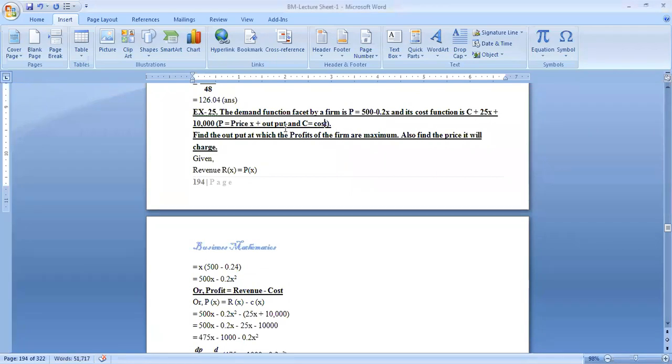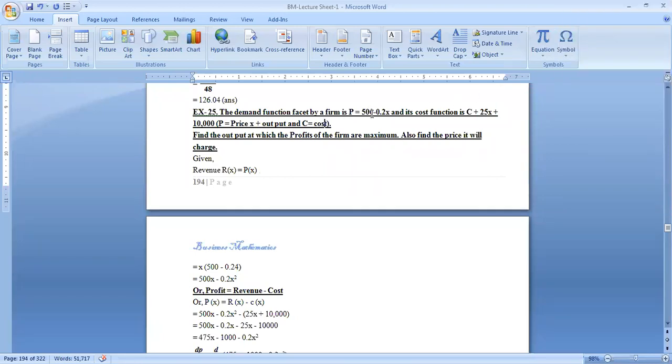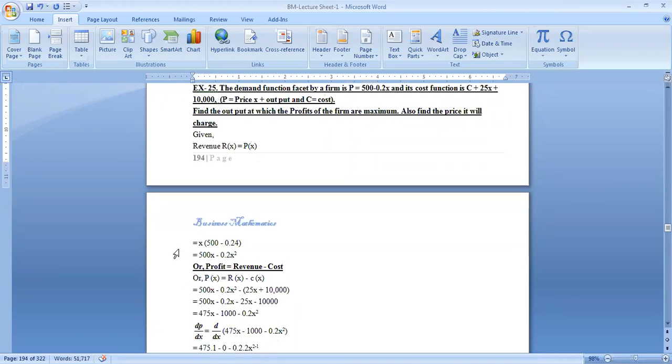Now given revenue, what will revenue be? Here p equals to 500 minus 0.2x, and the cost function is 25x plus 10,000.